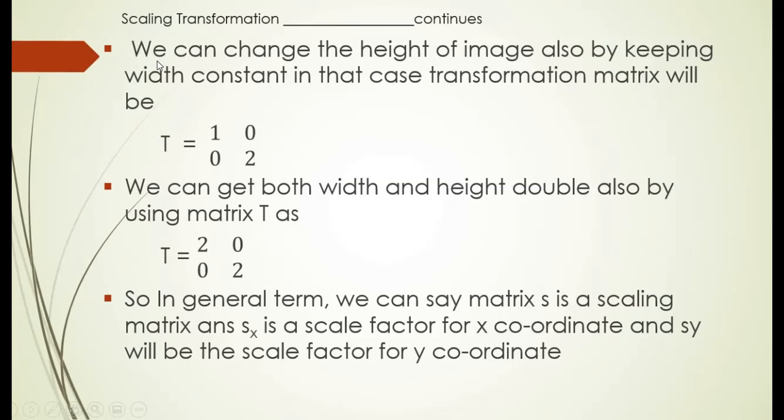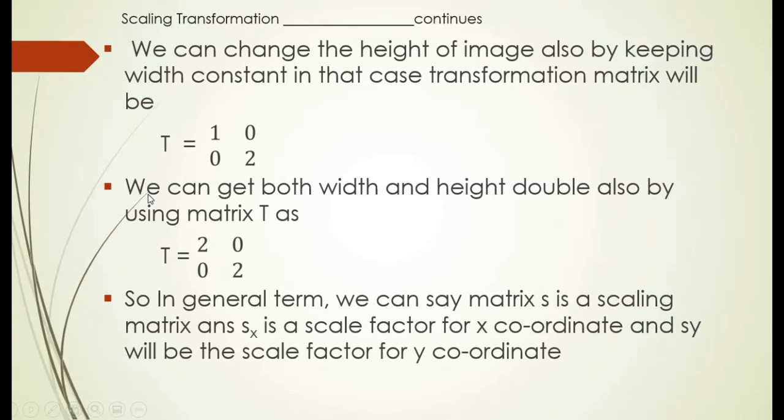So we can change the height of the image also by keeping the width constant. In that case, the transformation matrix will be T is equal to 1, 0 and 0, 2.